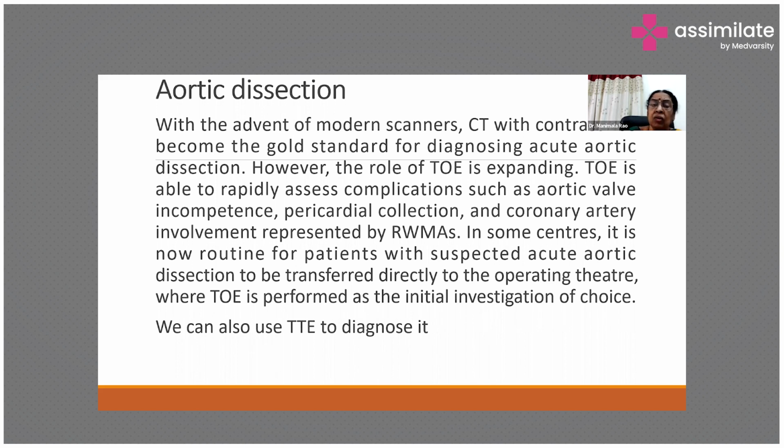All these things can be seen to an extent. In some centers, it is routine for patients with suspected acute aortic dissection to be transferred immediately to the operating room where TOE is performed. As soon as anesthesia is given, you put in the TOE and it becomes the investigation of choice.